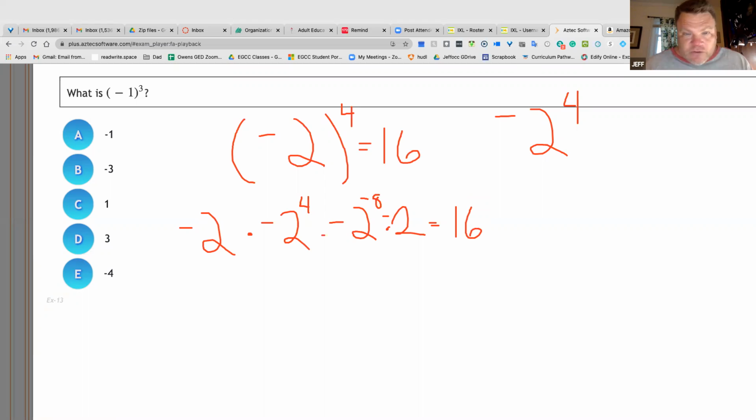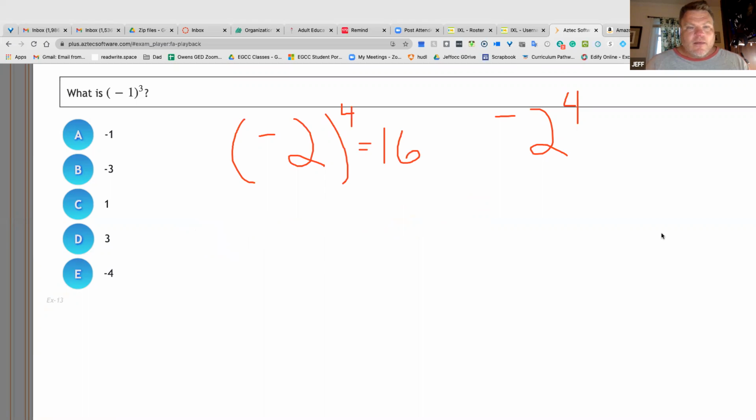Now I'm going to erase this junk down here, give myself some room. This one is going to be a different answer because the 4 goes to the 2, but not the negative. So this would be 2 times 2 times 2 times 2, which still works out to 16. 2 times 2 is 4, 4 times 2 is 8, 8 times 2 is 16.